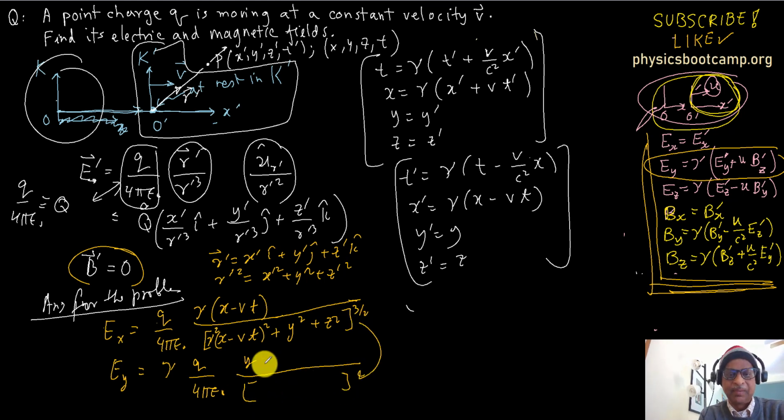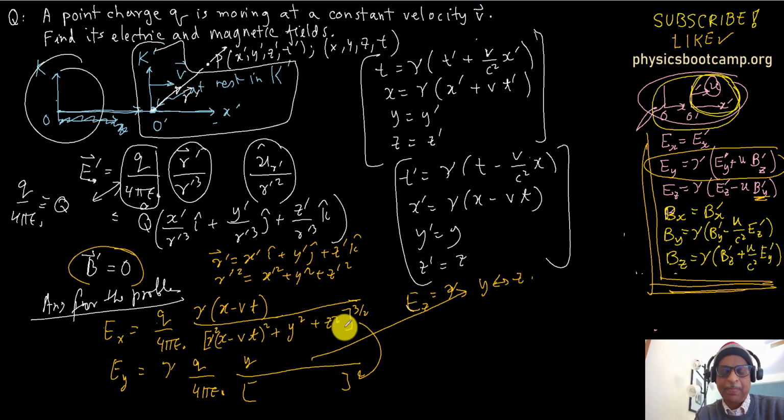Again, same thing, okay? And Ez is going to be almost identical. You can see By prime is 0, so this is going to be gamma. Ez prime is going to be z prime, so it's the same thing. Just change y with z.